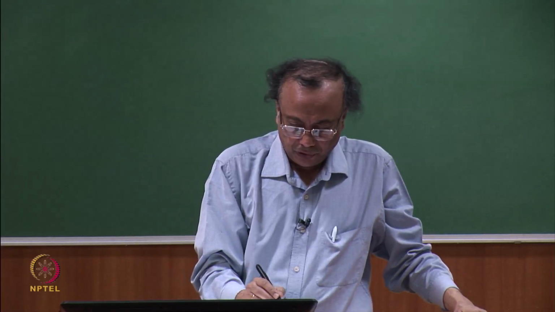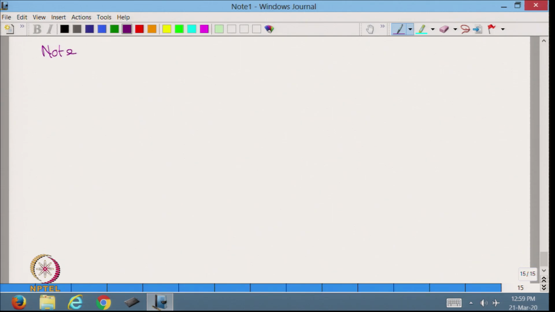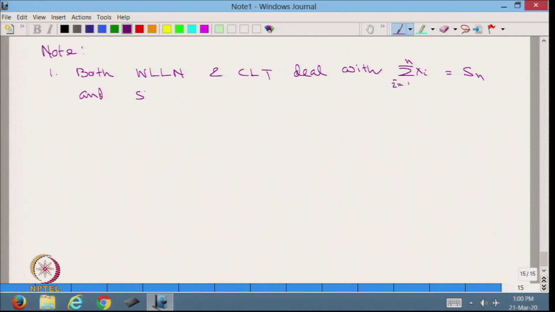Okay. So, note that both the weak law of large numbers and the central limit theorem deal with the sum of Xi, i equal to 1 to n, equal to Sn, and study their asymptotic behavior.